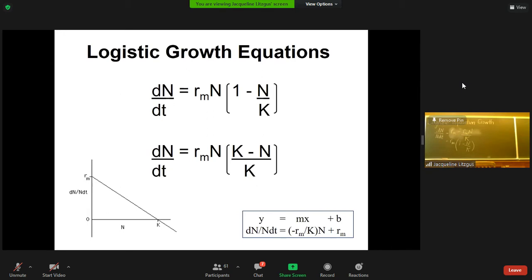Now, the other thing we want to do here is, right now, what's on the left-hand side of the equation is the little r value, that per capita growth rate. But if you look at the equation on your screen, it's dN over dt, population growth rate. If you remember, dN over dt means the change in population size with respect to time. So we want that on the left-hand side of the equation.